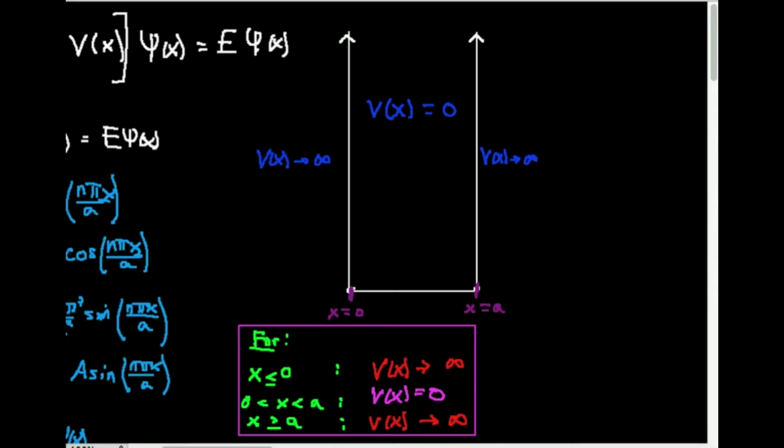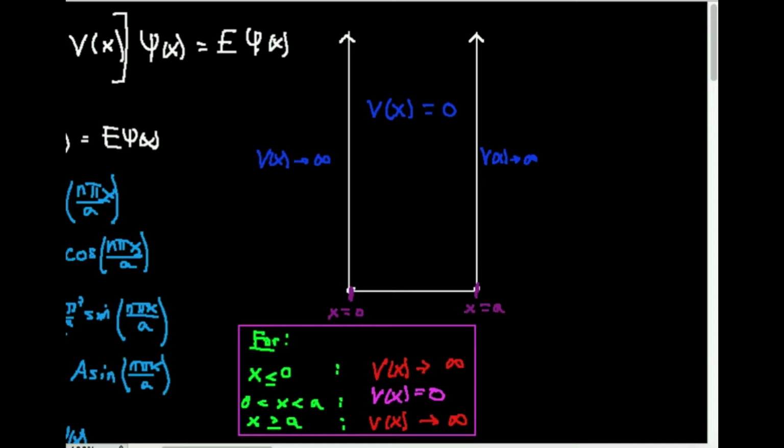And the particle, whatever it is, subatomic, maybe an electron, can be anywhere in this box between x equals 0 and x equals a. Inside the box, anywhere between these two vertical lines, the potential energy is 0, which means the particle can move freely inside the box.